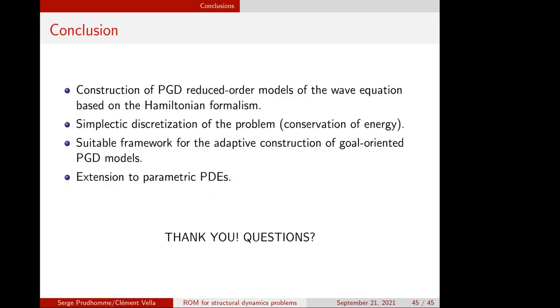So what I presented today, to conclude, I showed how to construct some reduced order models of the wave equation based on the Hamiltonian formalism. The good thing about this formalism, it provides us with a symplectic discretization of the problem. We do observe a conservation of the energy. We had more problems with the Lagrangian approach.